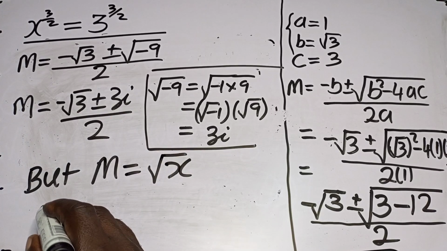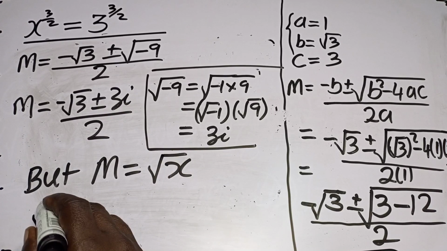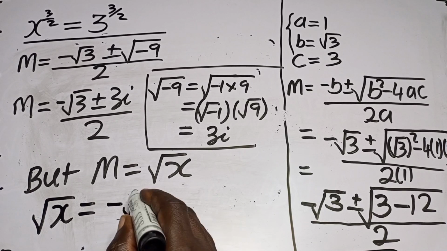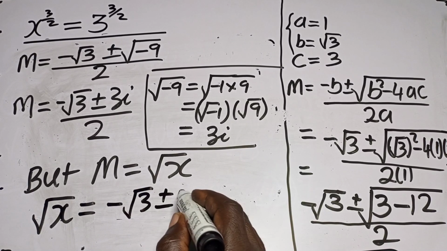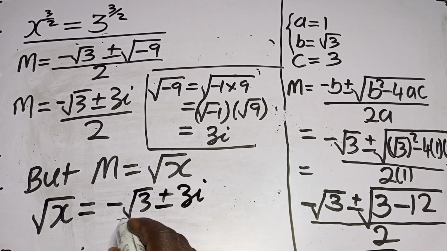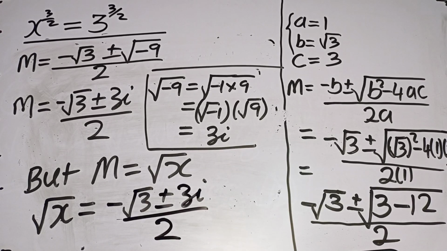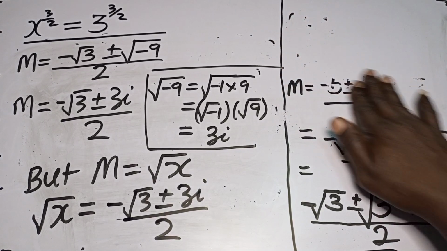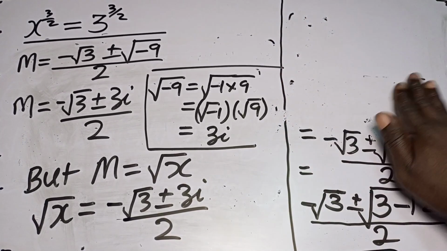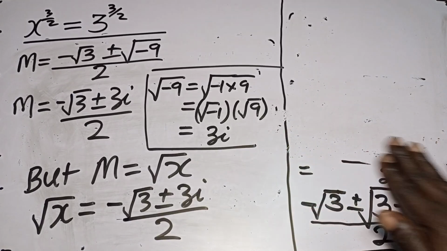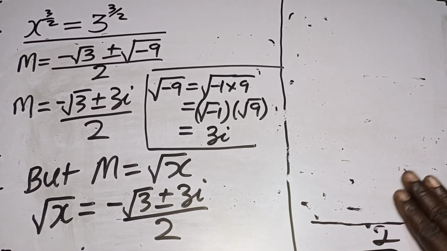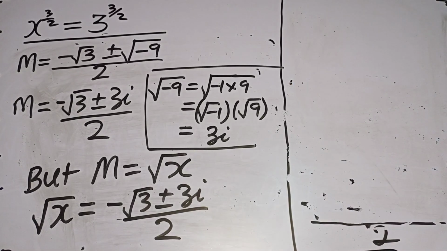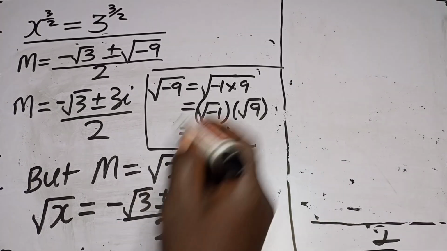We have root x is equal to negative root 3 plus or minus 3i all over 2. To get our x, we have to remove the radical by taking the opposite operation of square root. The opposite operation of square root is squaring. So we're going to square both sides of this expression.